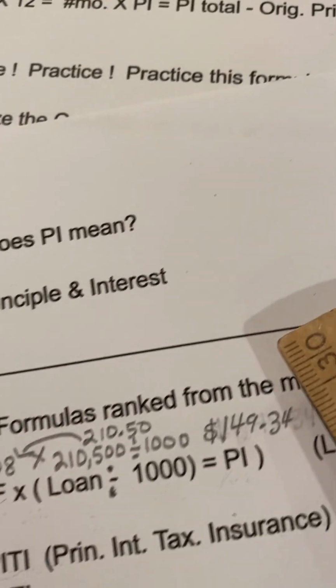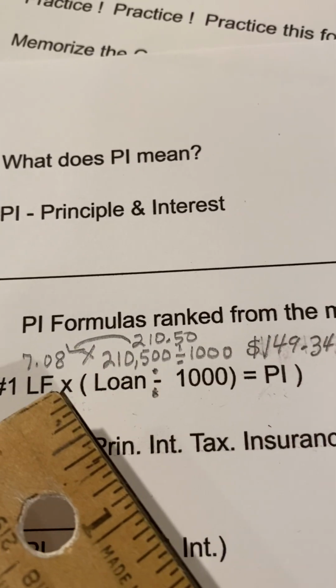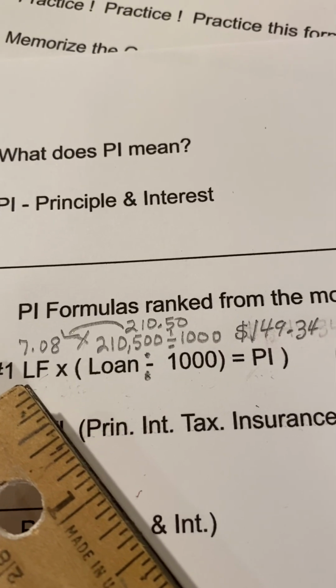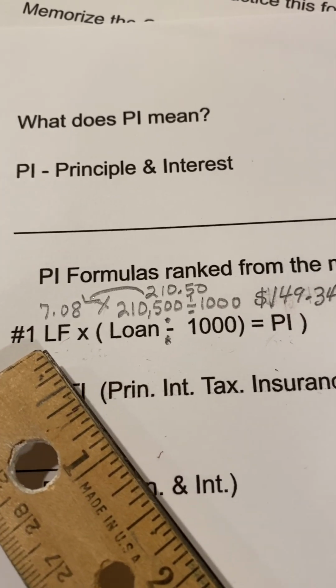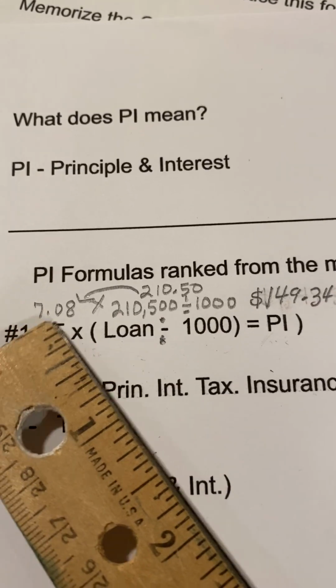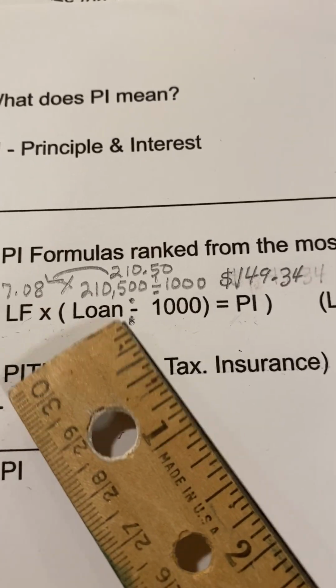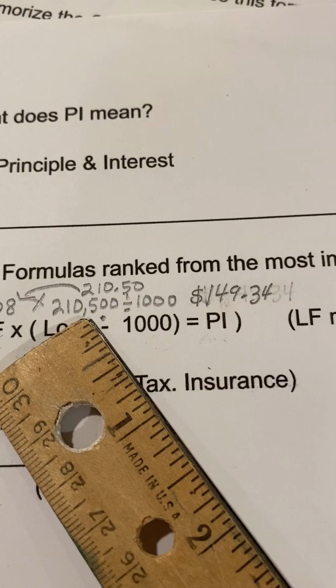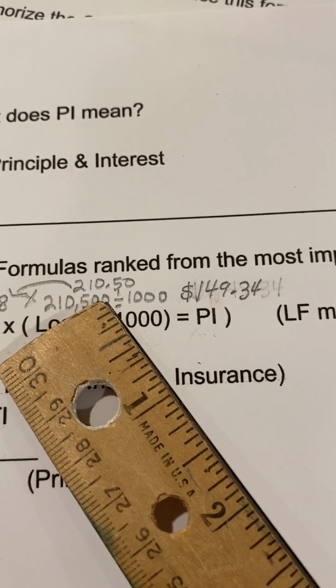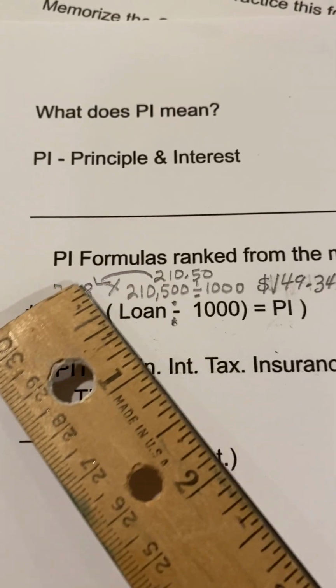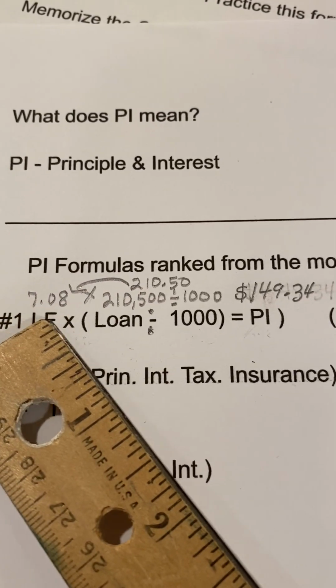Also, like I told you, they will not give you the PI, so you have to find the PI yourself by using what's in the problem. We know they gave you the loan factor, 7.08. We know they gave you the loan, $210,500, and you divide it by 1,000, which gives you 210.50, times the loan factor, 7.08.